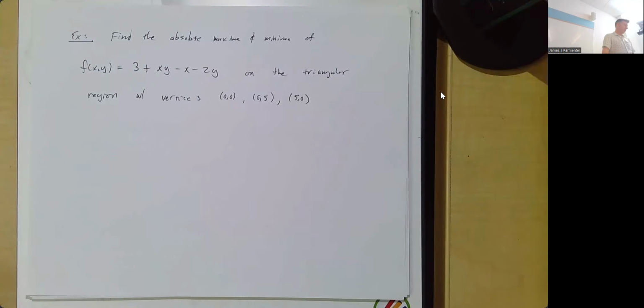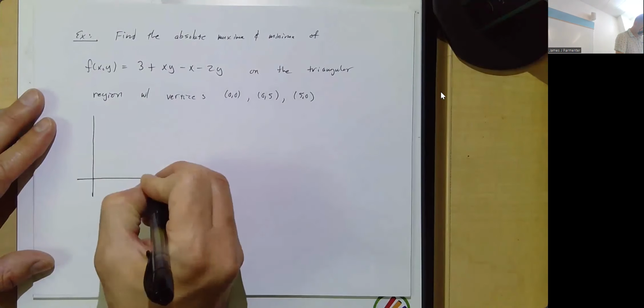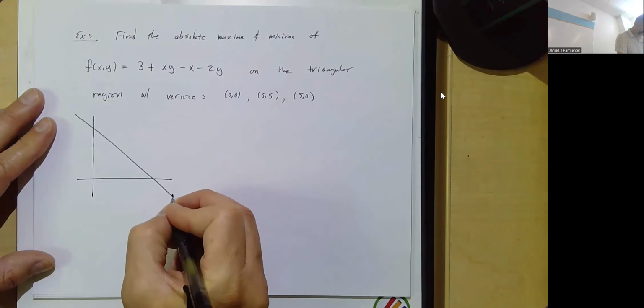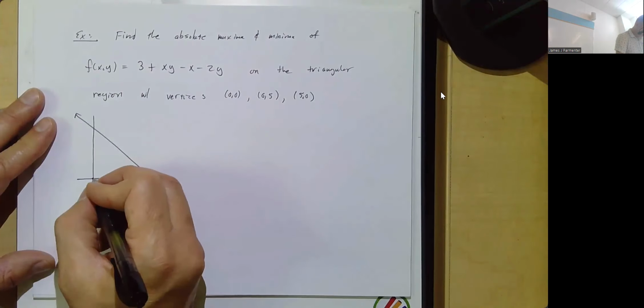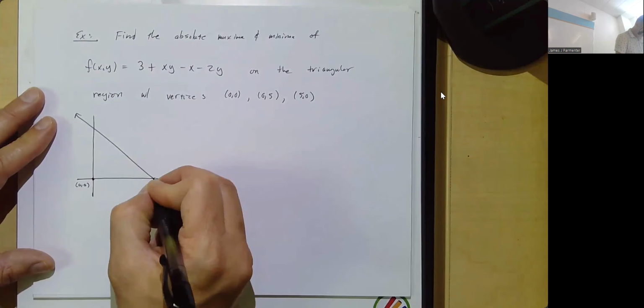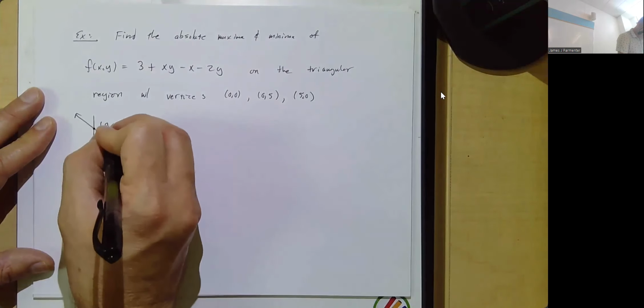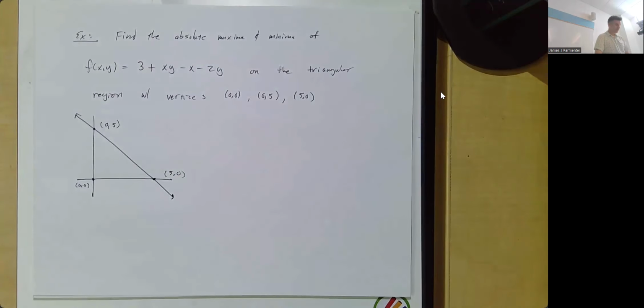And on a problem like this, I would always start off by drawing my region. So here's my region. My triangle has corners 0, 0, 5, 0, and 0, 5.